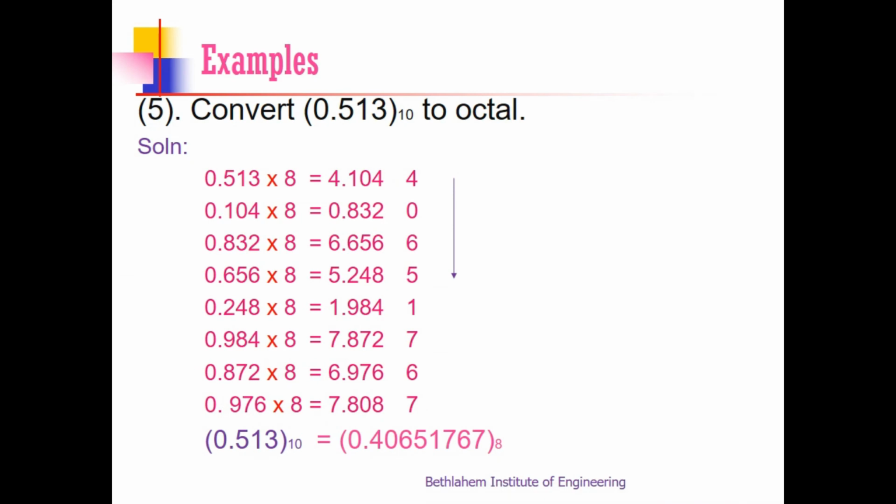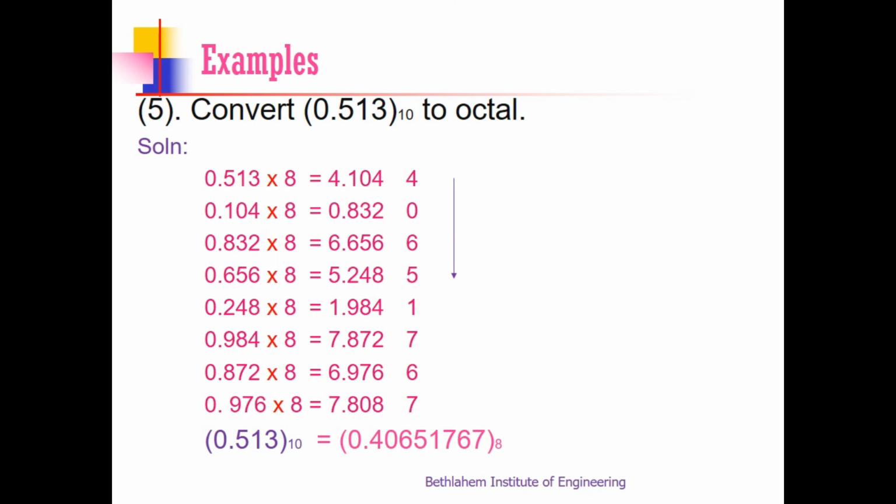Convert 0.513 to the base 10 to octal. Here also in the question it is given base 10. So it is a decimal number and we have only the fractional part, and we are asked to convert to octal. So for the fractional part we have to follow this procedure.